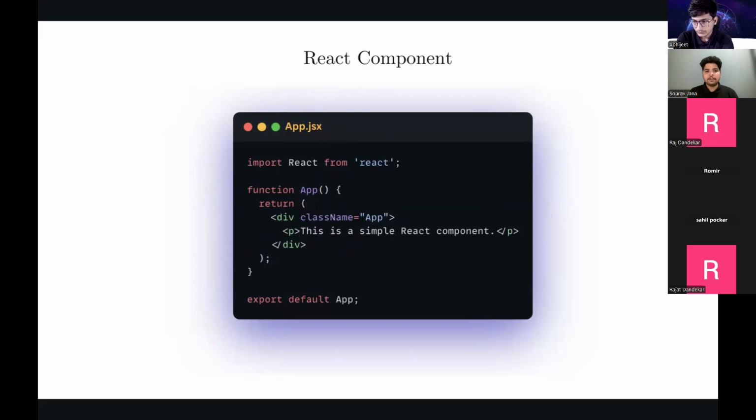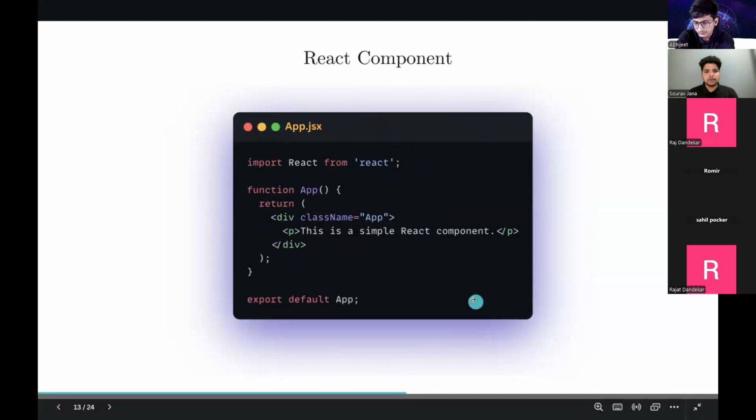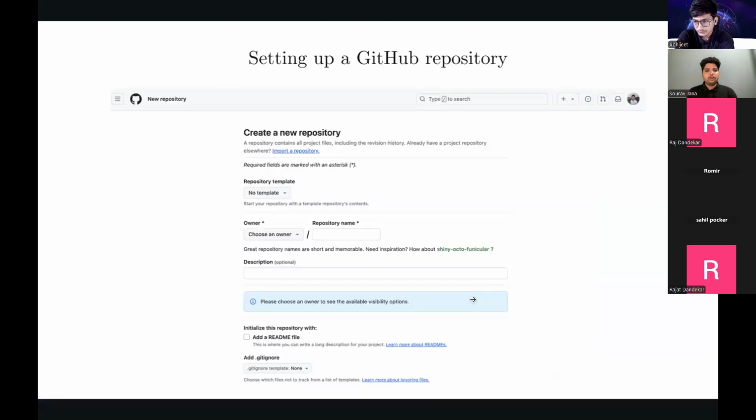But in React, we write a JavaScript function, and this function returns a JSX element. There is some difference between a JSX element and an HTML tag, but you will feel like you are writing HTML in a React application. React is also very, very easy to use. That's why we decided to build this application using React, right? So the syntax of a React component looks like that.